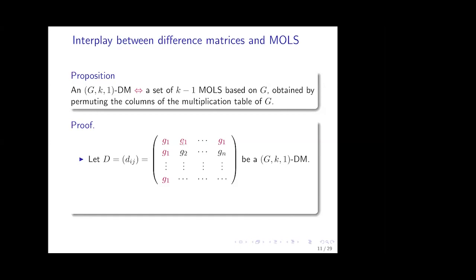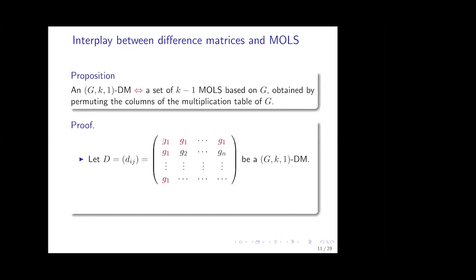This is because, for example, if this number is g3, then we can subtract g3 from each element of this column, such that g3 becomes 0, the identity. This operation will not change the differences.